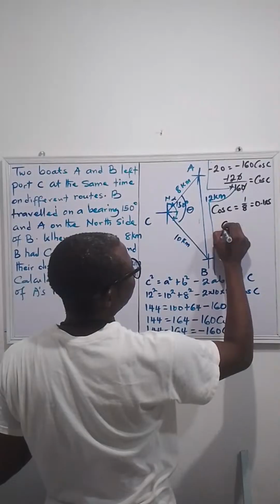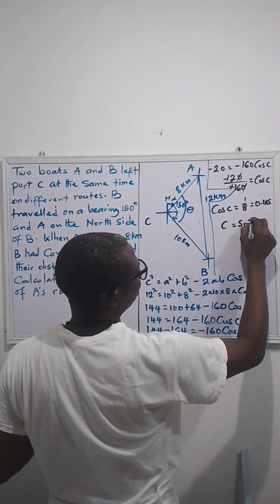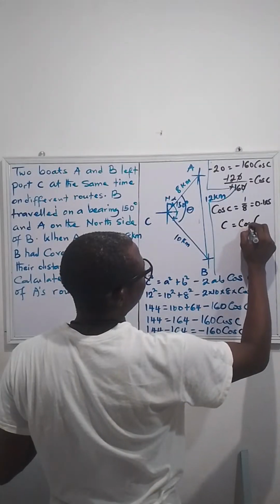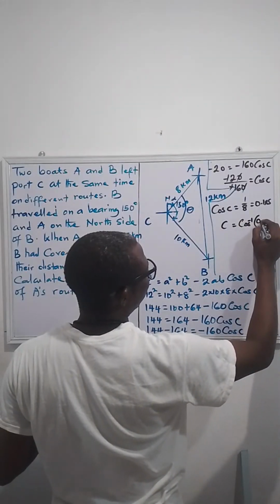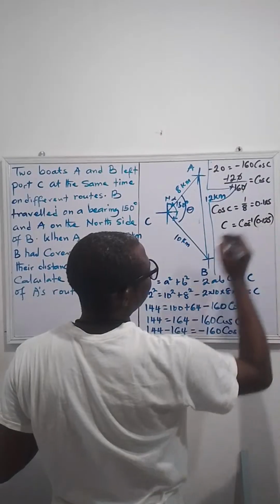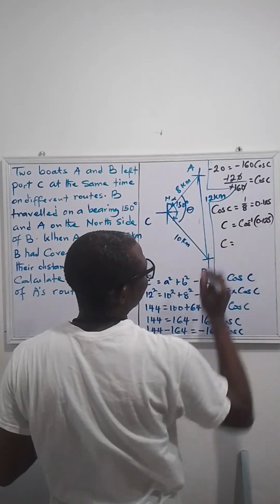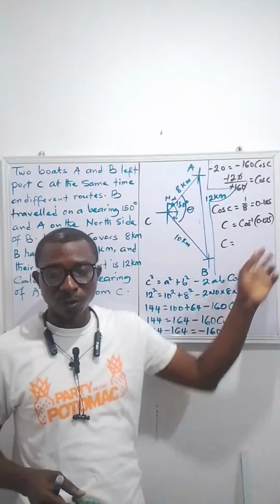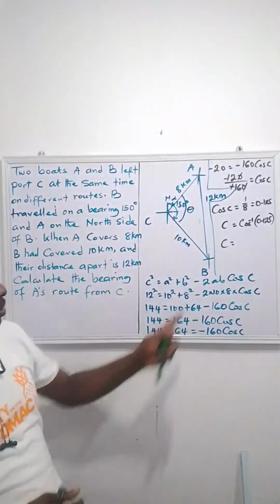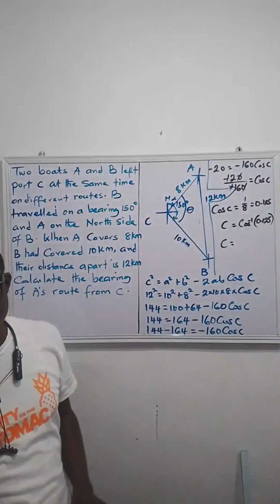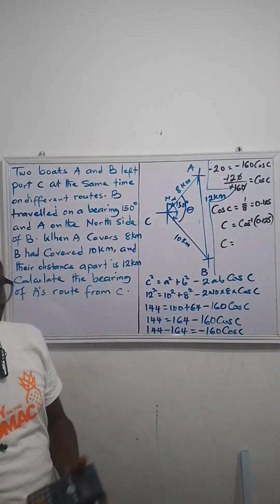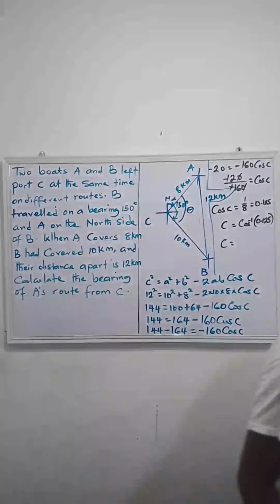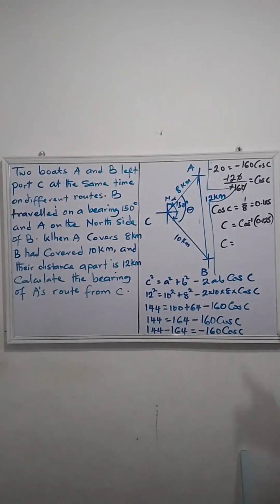So we have C equals arc cos of 0.125. What does C give you? You can check your four-figure table or your calculator. If you have the answer, can you drop that in the comment section? I want us to participate in the class, so don't let me be the only person doing it.